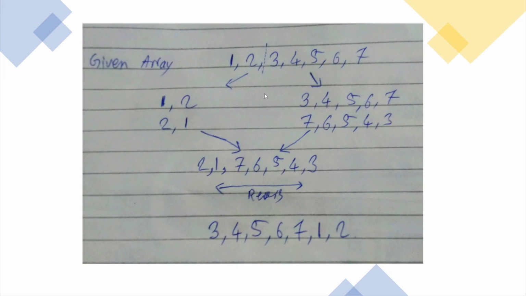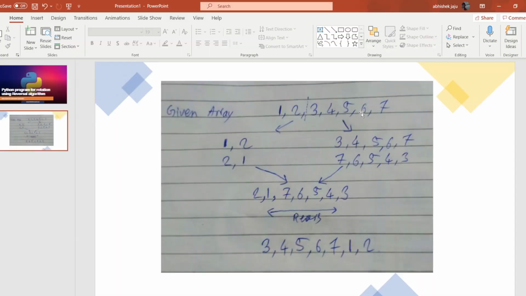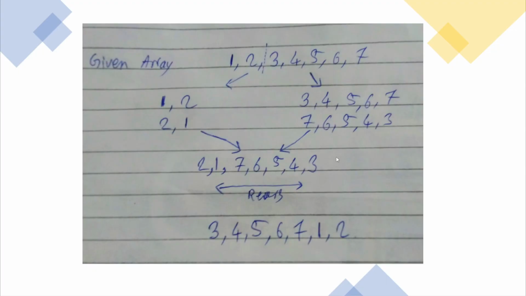So here you might see, let's take the second group. Let us assume that we have called the reverse array function. In this we have provided the whole array, then the start and the end, which are 2 and 6.